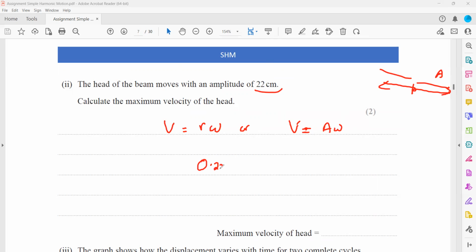We convert into meters, 0.22, and omega we already worked out in the previous part, 0.849. So we simply multiply, and it will be 0.187 meter per second. That's the maximum speed that it will move.